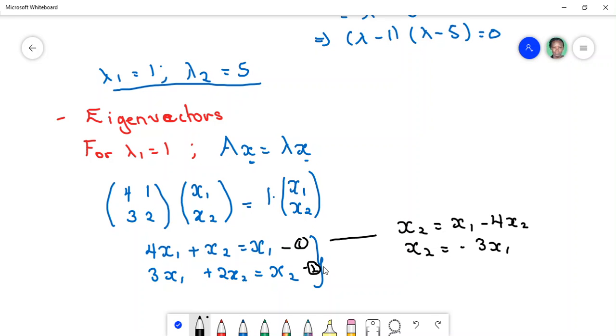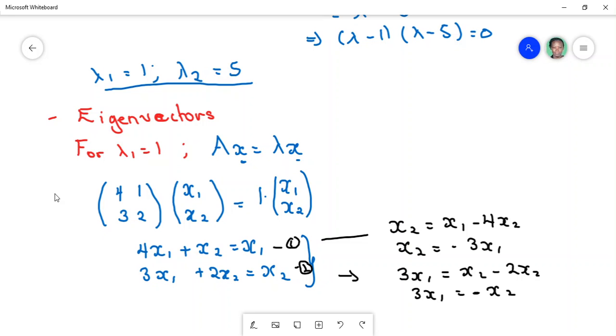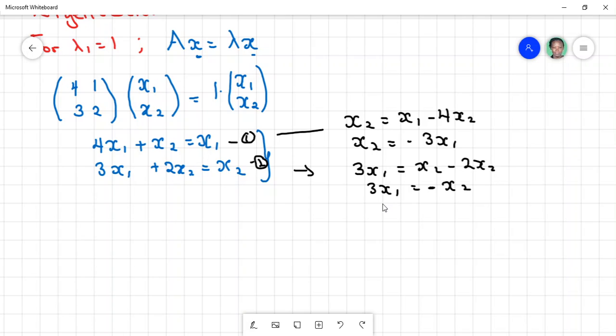So we can say that 3X1 is equal to minus X2. Multiply through by negative, and this could equally be expressed as X2 equal to minus 3X1.